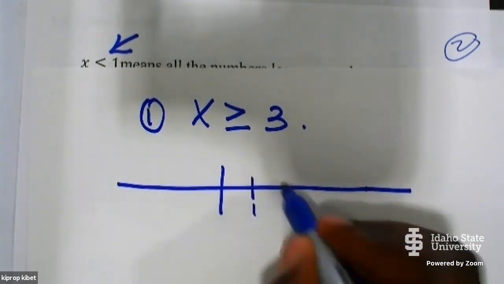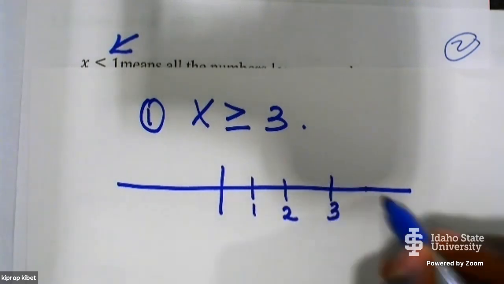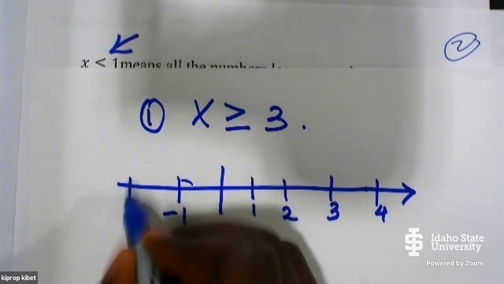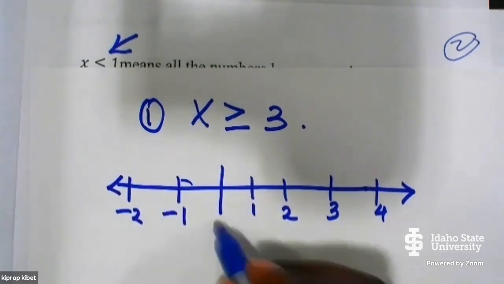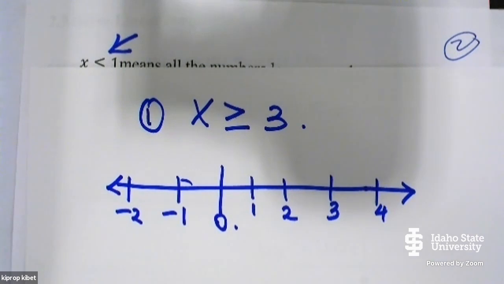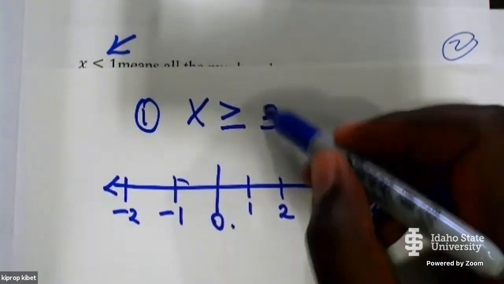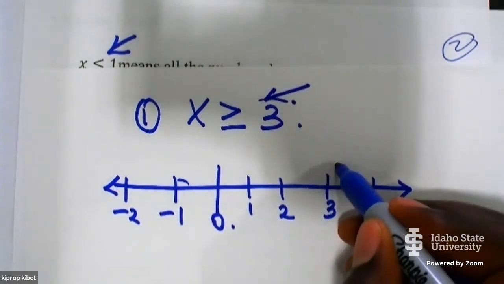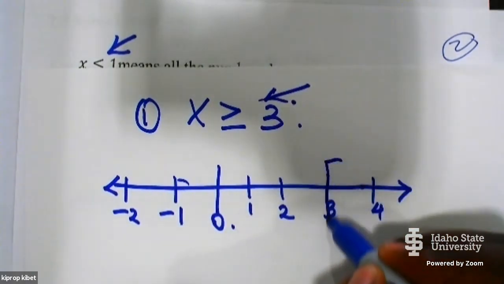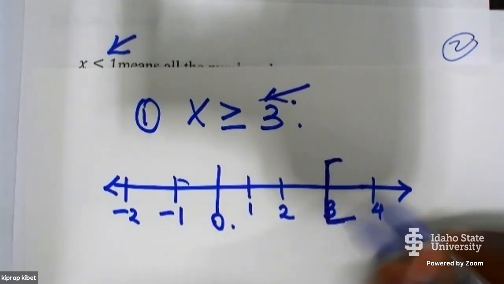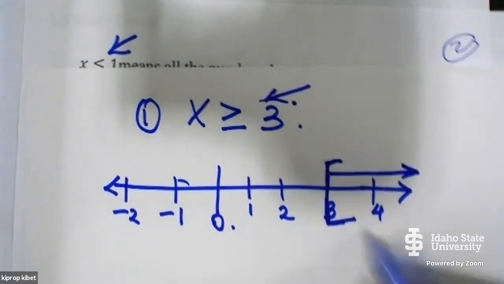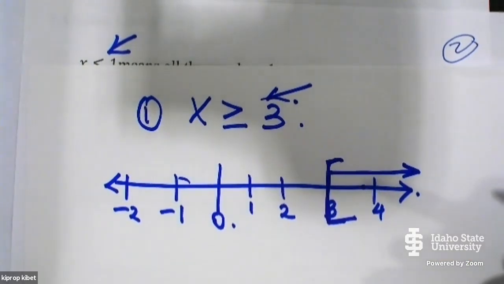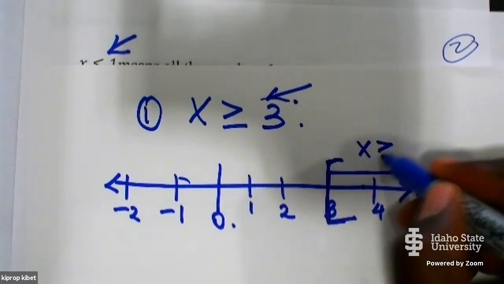So this is 1, 2, 3, 4, and then continue like that, -1, -2, like that, and this one is 0. So because this is including this value, then we use that. Then you put this one. So you can put it over here, or you can put it on top there. Okay. So this is x greater or equals to 3.